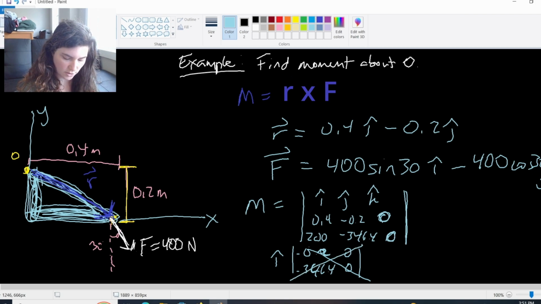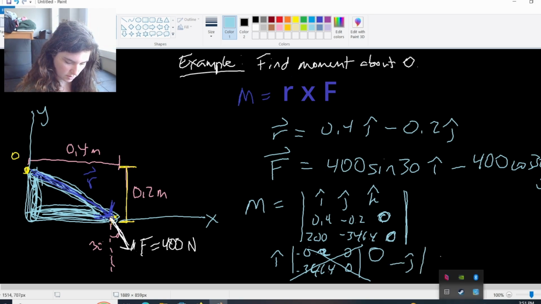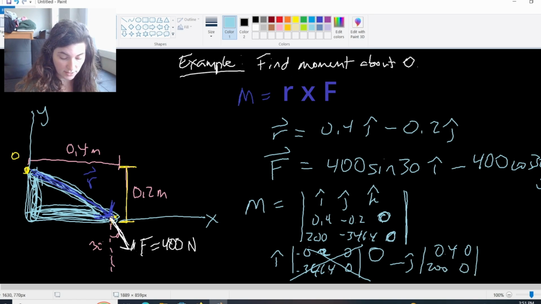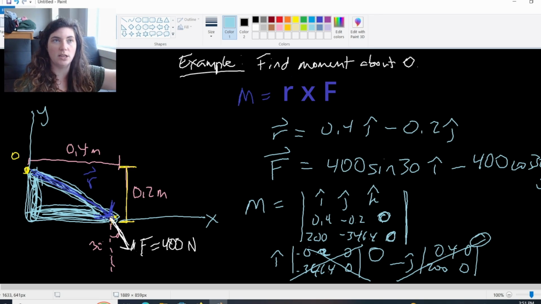So this whole i term cancels out to 0. Same with the j hat term, right? Because I've got 0.4, 200, 0. Multiplying by zeros, I get the whole term going to 0. So the only term I'm going to be left with in this case, because I am working in 2D, is going to be a k hat term.